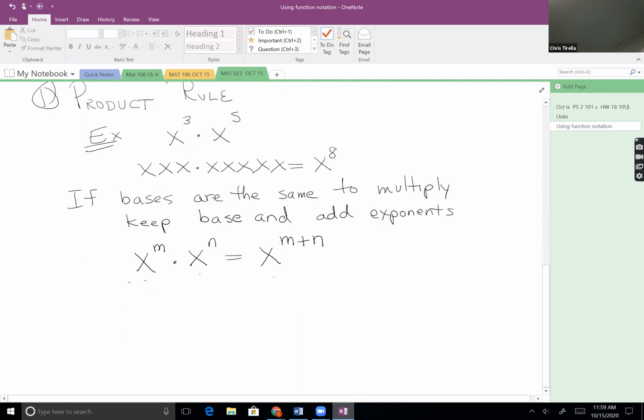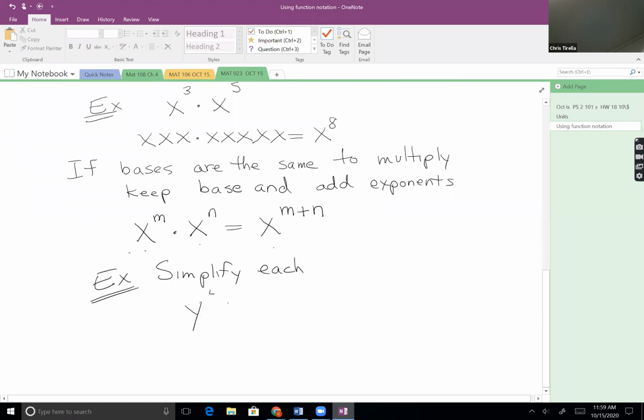So a bunch of examples. We'll simplify each. First, let's look at y to the 4th times y to the 6th. If I multiply 4 y's by 6 y's, how many y's am I multiplying altogether? 4 plus 6 would give me 10.